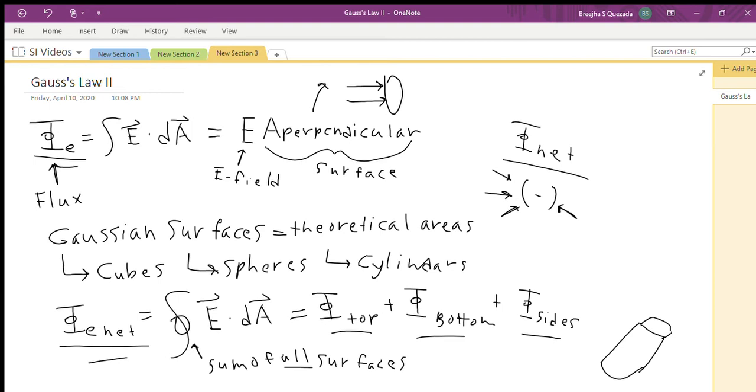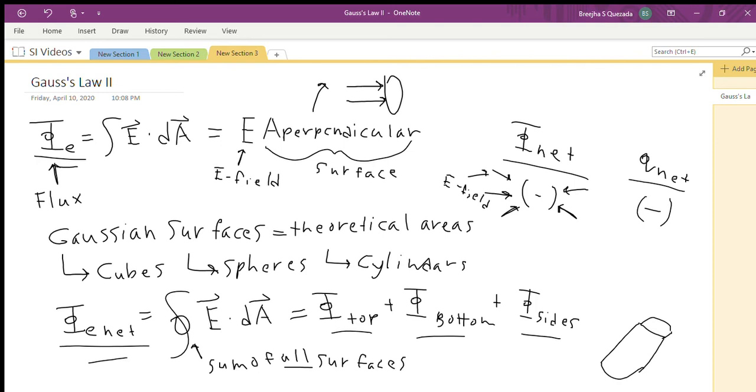If you've got a negative charge in there, you'll have your E field lines going toward it. That always translates to a negative Q net charge. So negative net flux, meaning the E fields are going toward the Gaussian surface, means a negative net charge inside.